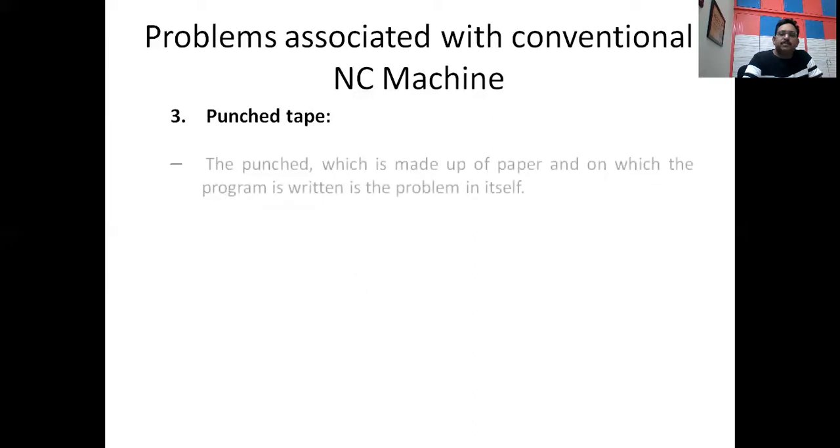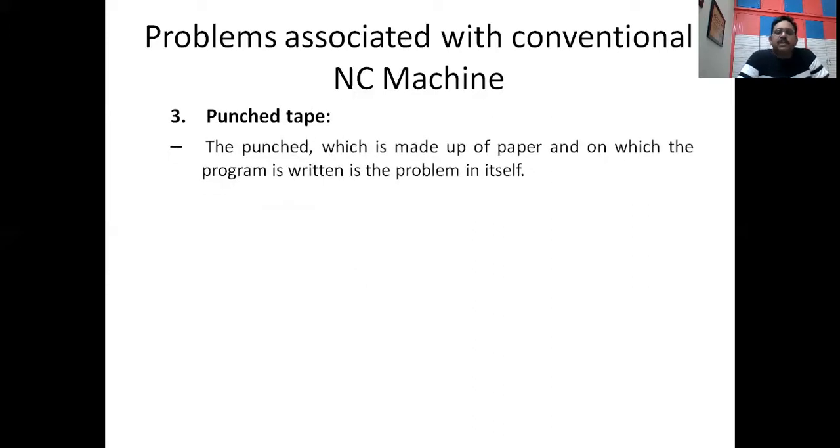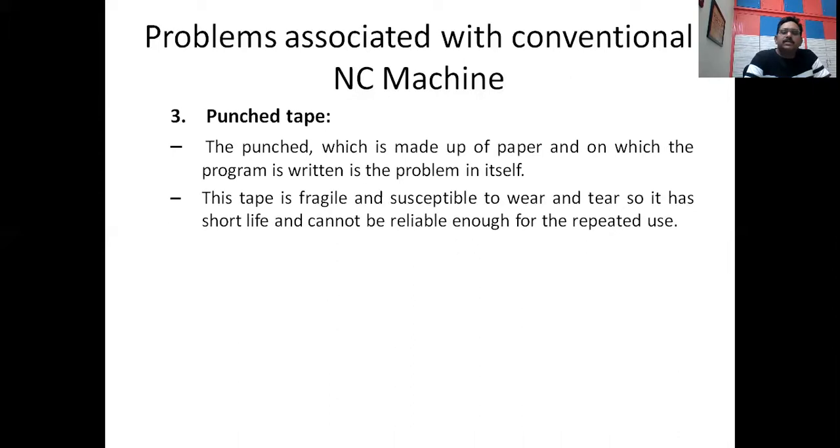Next, the problems related to punch tapes. The punch tape, which is made of paper and on which the program is written, is a problem itself. If we use paper, the paper may be damaged when we use it. The tape is fragile and susceptible, and therefore subject to wear and tear, so it will have a shorter life.